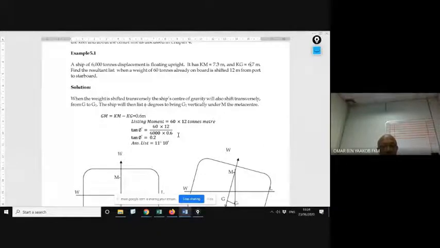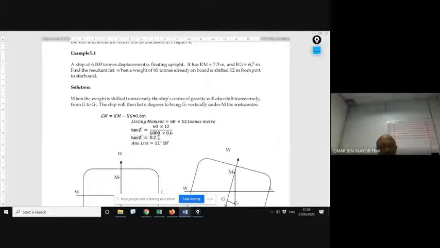So 720 divided by 1,800 is equal to 0.4. So the tangent phi is 0.4, if the KG here is 7.0.